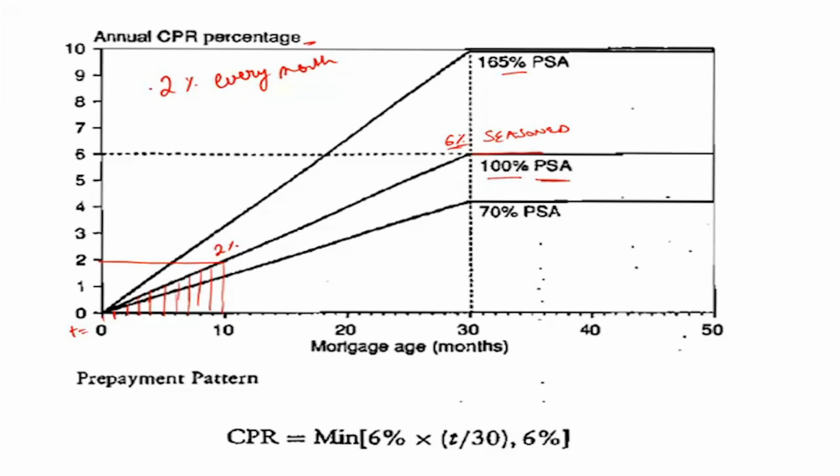So if with 100% it was 0.2% every month, with 165% the increase would be 0.2% into 1.65 every month. With a 70% PSA, the increase would be 0.7 into 0.2% every month. And the final seasoning here would happen at 6% into 1.65. And the final seasoning in the 70% PSA will happen at 0.7 into 6, or 4.2%.